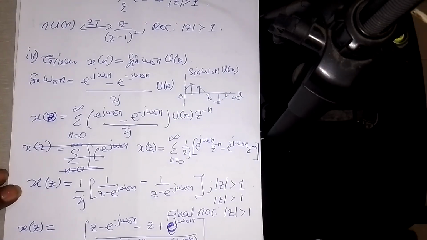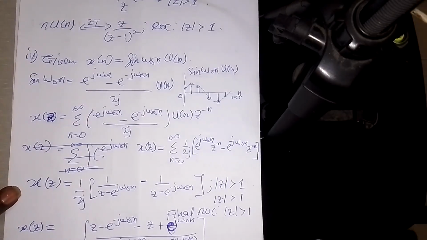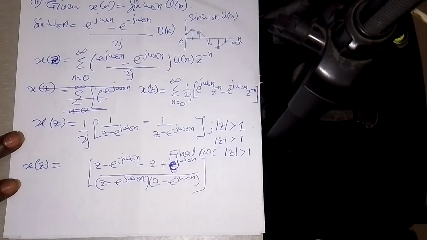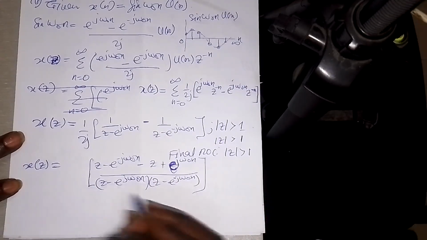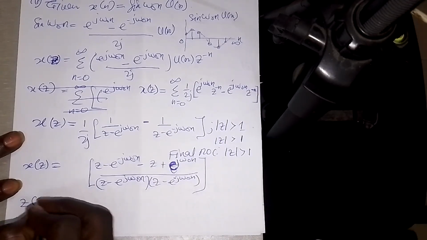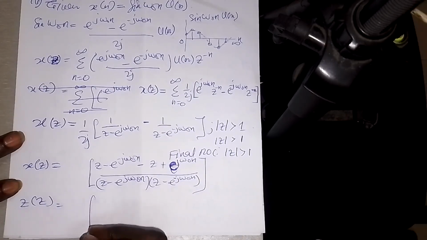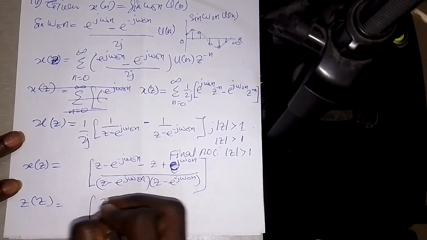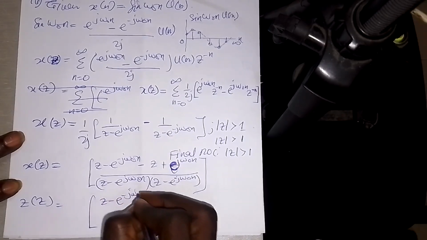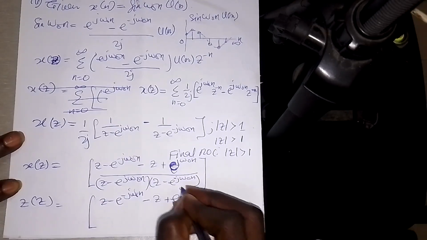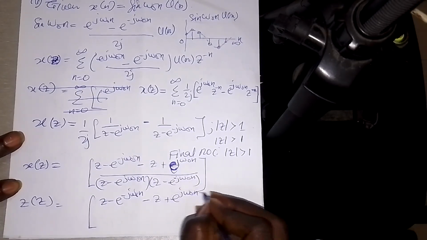So let me rewrite it well for you. So now to rewrite this one well, what I'm actually going to get is that I'll have X of Z equal to, like this: Z minus e^(-j omega naught n) minus Z plus e^(j omega naught n), like this.